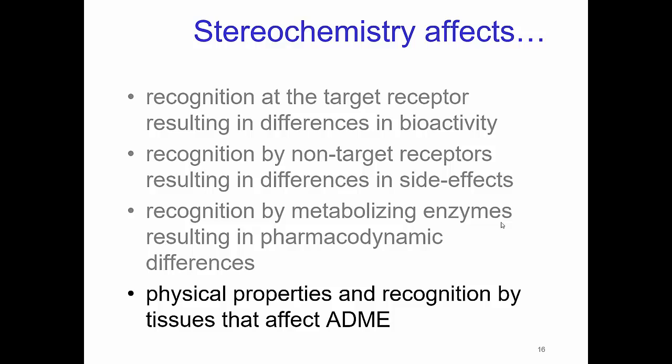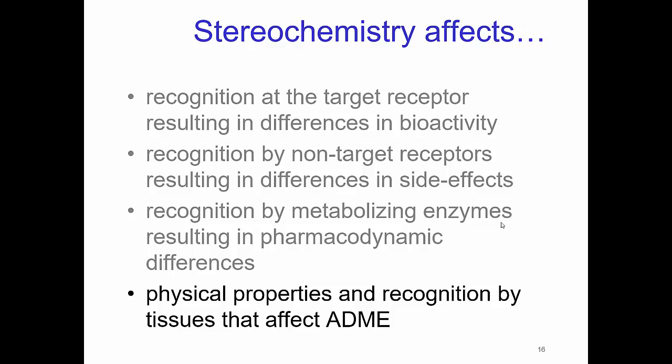Distribution is the same type of thing: getting across the gut is just one step. How it gets to other tissues in the body is another. And again, it's possibly going to interact with proteins like albumin in the blood and everything else, the blood-brain barrier, various types of transport systems to be able to get across the blood-brain barrier into the CNS. So that's distribution.